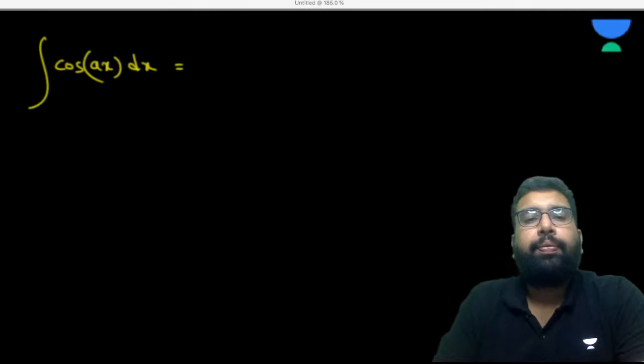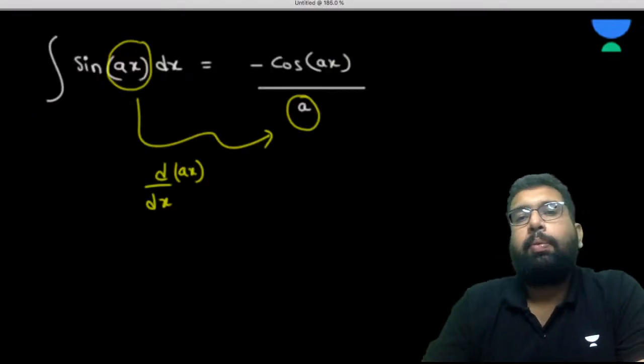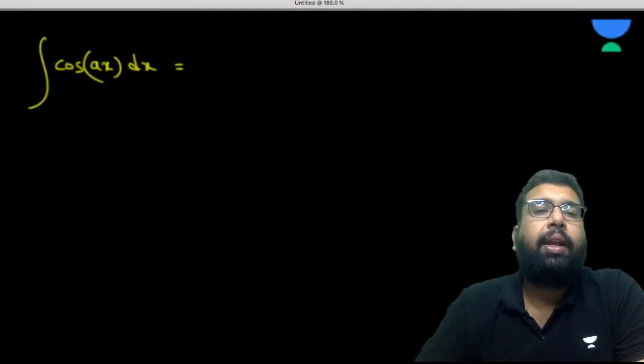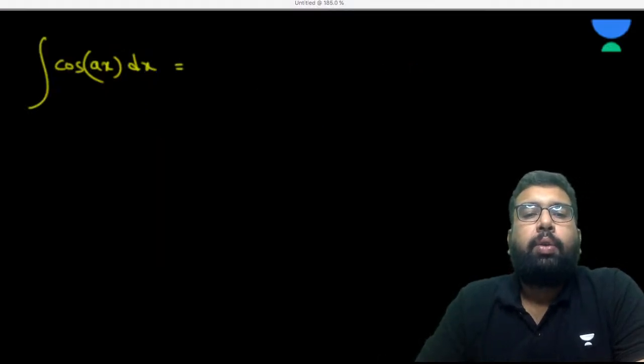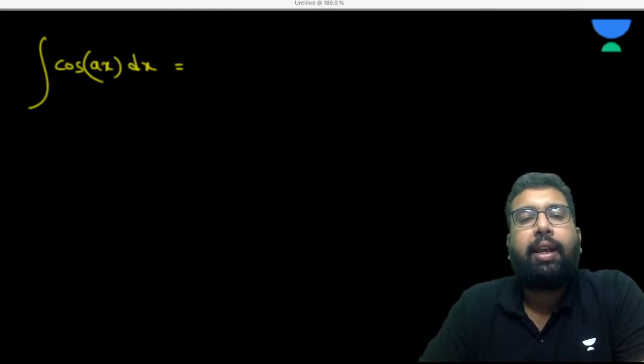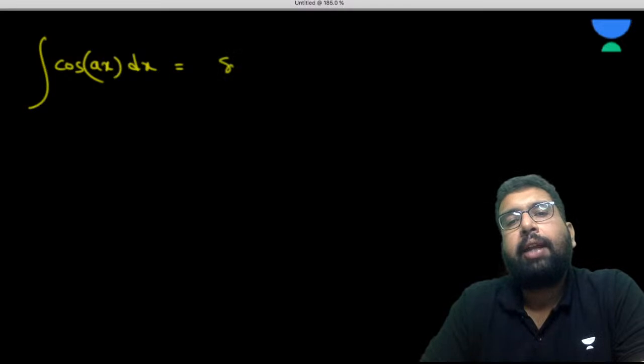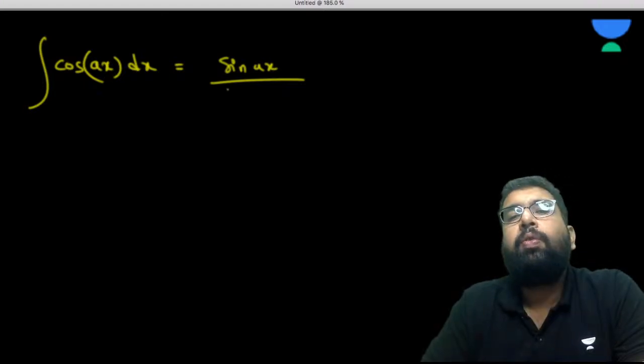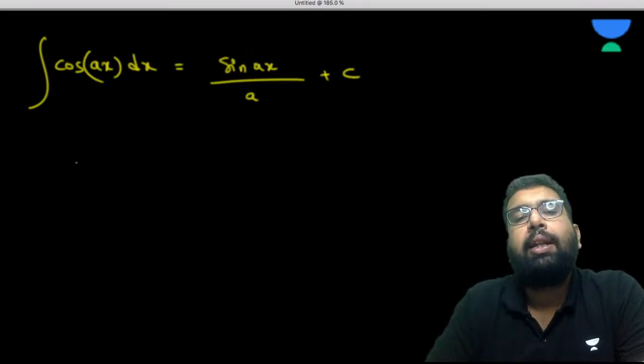Don't forget about the C. Of course, cos ax will become sine ax, because integration of cos is sine, and then we differentiate the inner function, which is different from the standard form. So ax, when differentiated, becomes a, so it will become sine ax upon a, plus c.